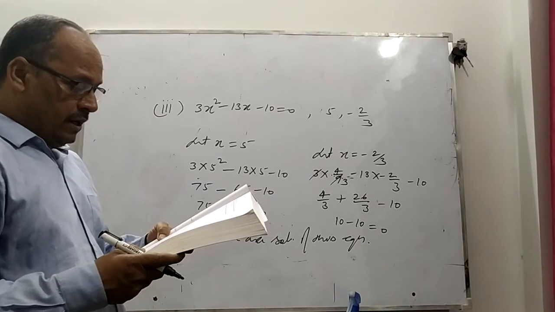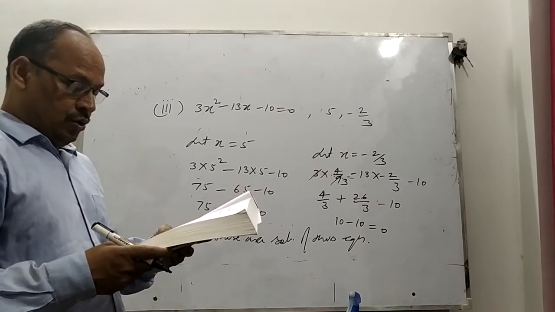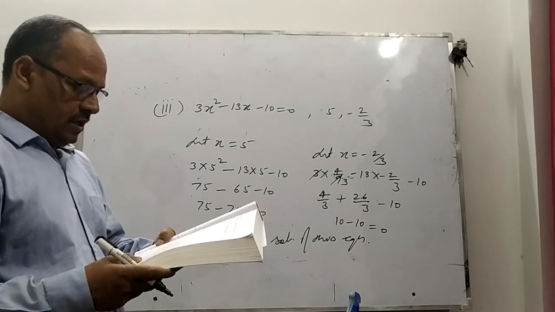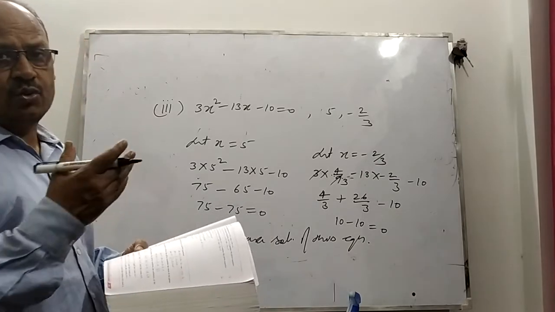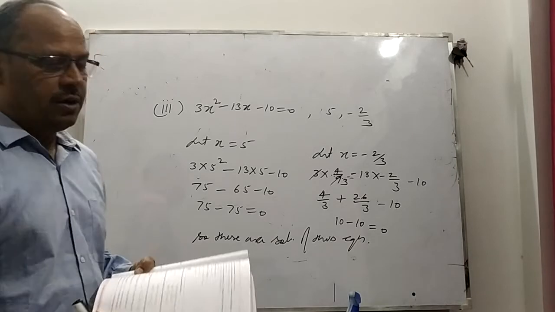In each of the following, determine whether the given numbers are solutions of the given equation or not. It is the same way I did question number second. In the same way, you will try to do question number third.